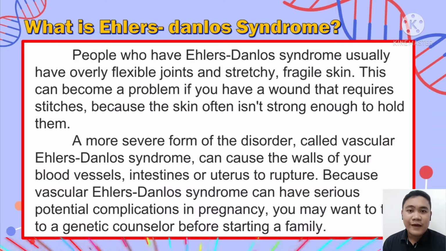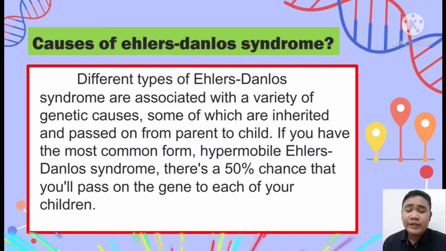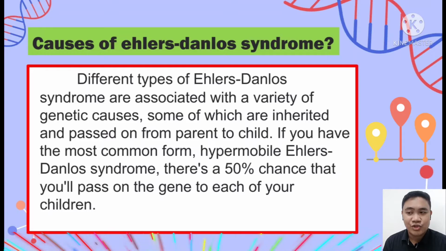Now, we also have to try to understand the cause of Ehlers-Danlos syndrome, or why we have this kind of syndrome, or how it starts and is observable among humans. The basic cause is that there are different types of Ehlers-Danlos syndrome associated with a variety of genetic causes, some of which are inherited and passed on from parent to child.